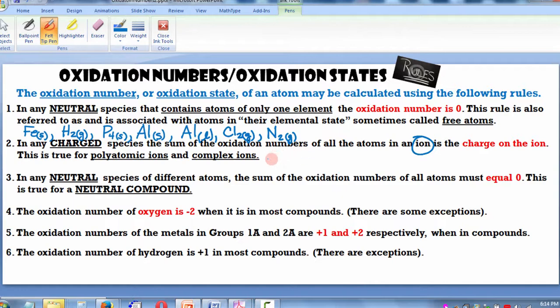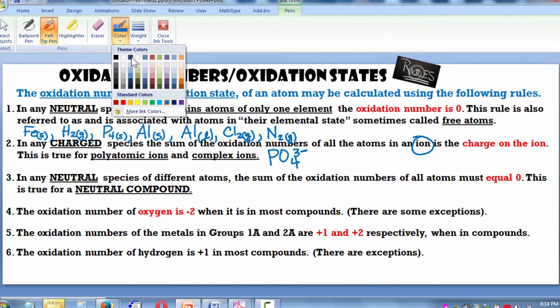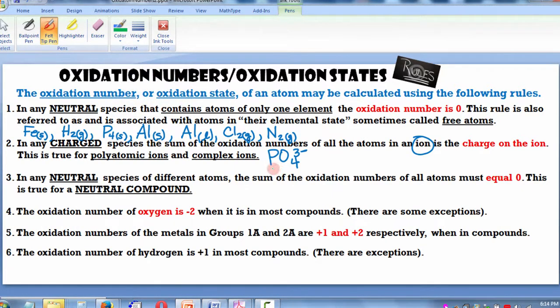So what that means is if we had phosphate, PO4 with a 3 minus charge, the sum of the oxidation numbers for one phosphorus and 4 oxygens must add up to be a minus 3 or a 3 minus. We use those interchangeably.